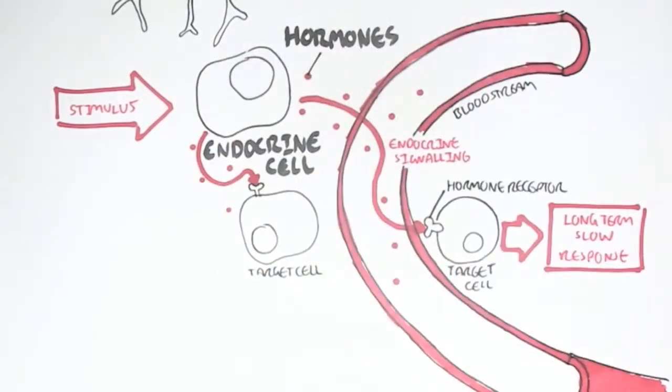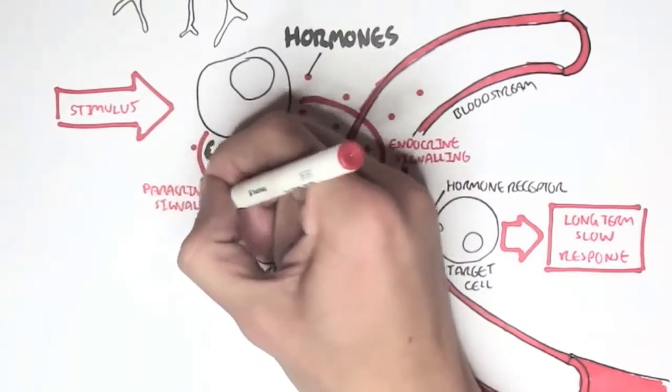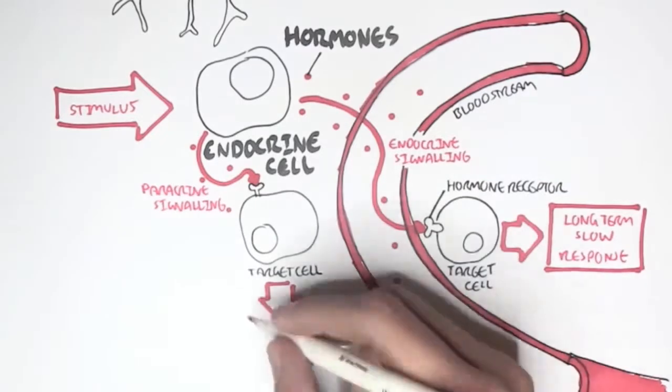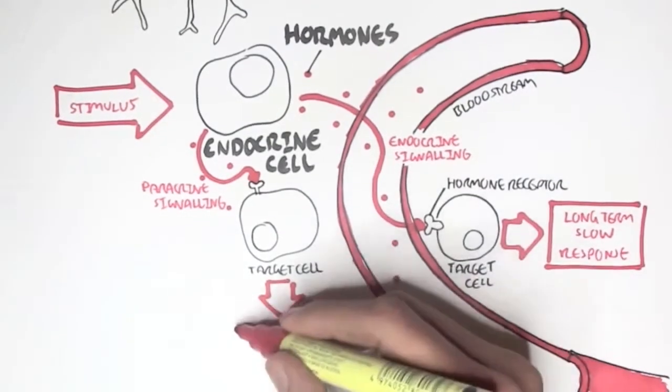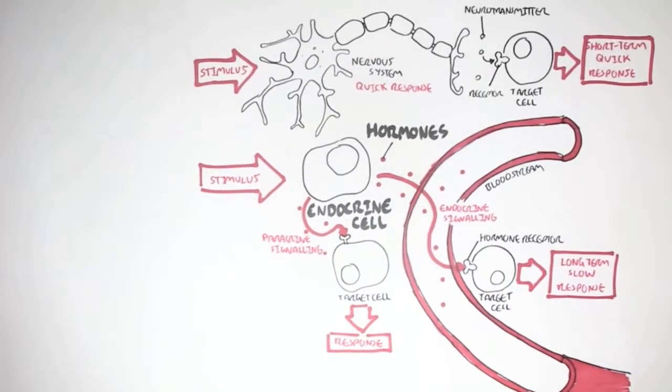When it does this, this type of secretion is known as paracrine signaling, para as in across. And this will initiate a long-term, slow response.